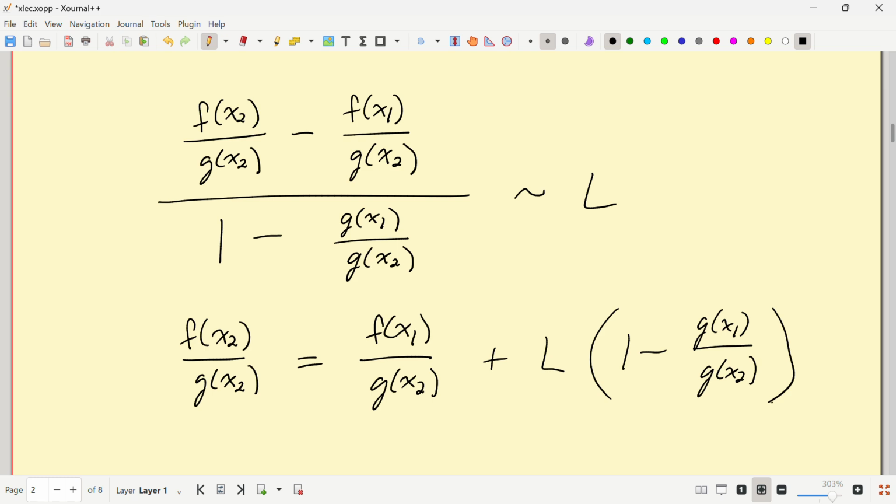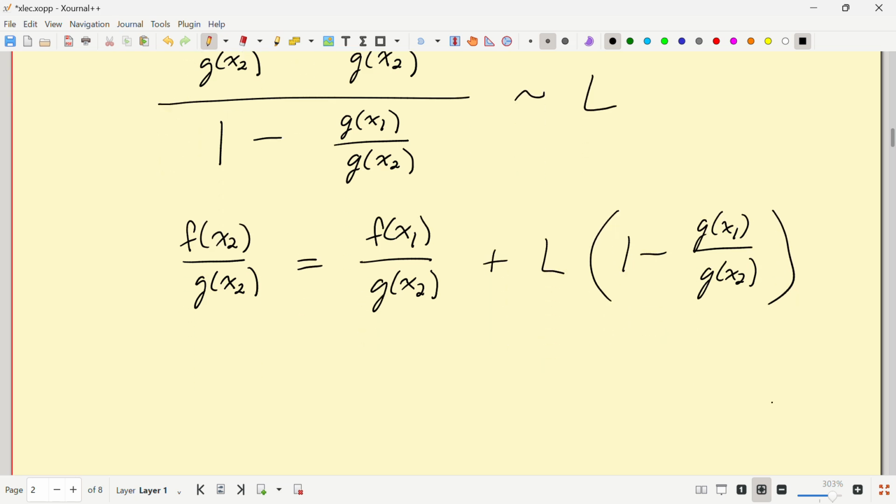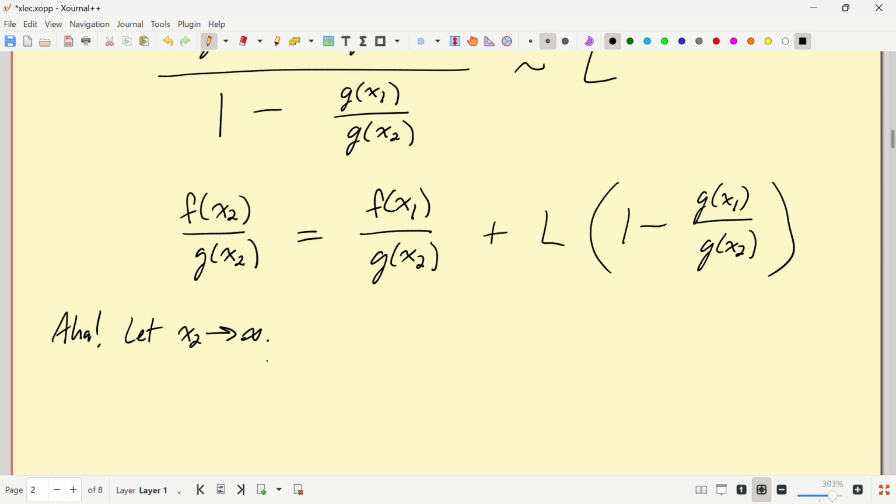And now I realize, aha, I can let x2 go off to infinity. I wouldn't have changed how close that thing is to L. I let x2 go to infinity, and note that g of x2 goes to infinity.